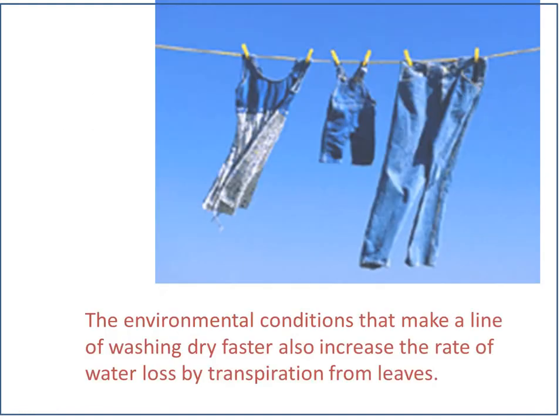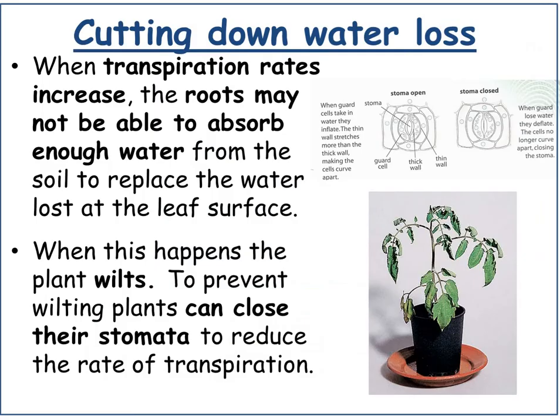So the conditions that make your washing dry really fast, so warm, dry, windy, are also the conditions that make transpiration faster. When transpiration rates increase, the roots may not be able to absorb enough water from the soil to replace the water lost at the leaf surface. When this happens, the plant wilts.